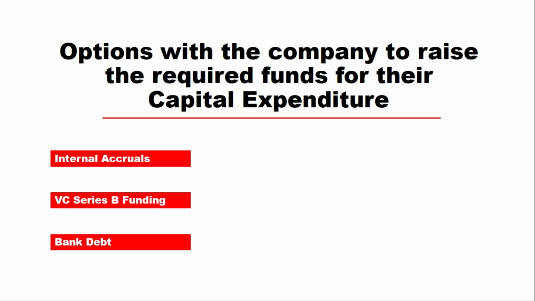This is called Series B funding. 3. The company can approach a bank and seek a loan. The loan is also called debt. The company decides to exercise all the 3 options at its disposal to raise the funds for capital expenditure.